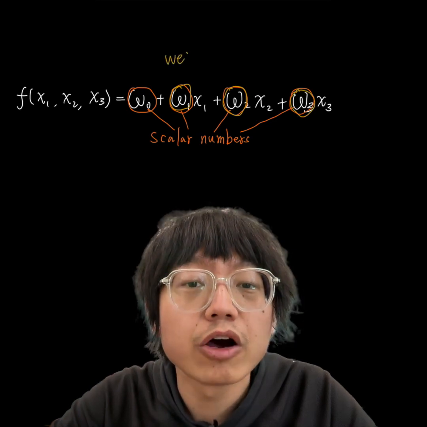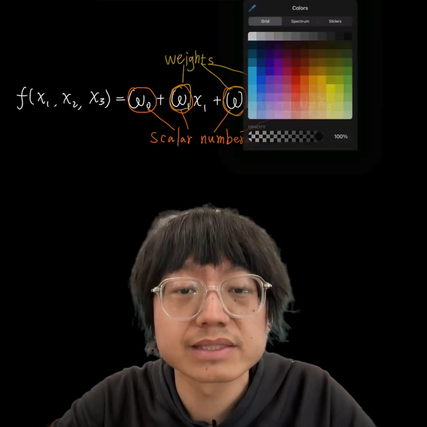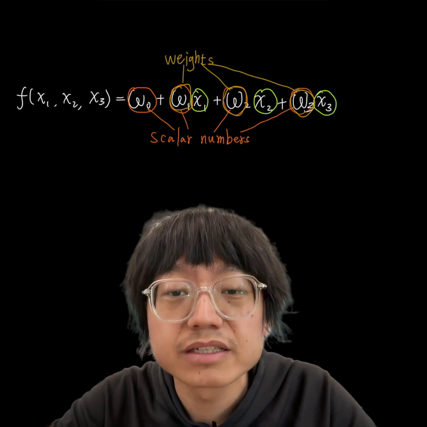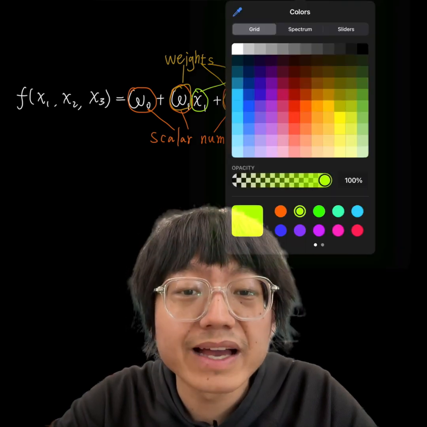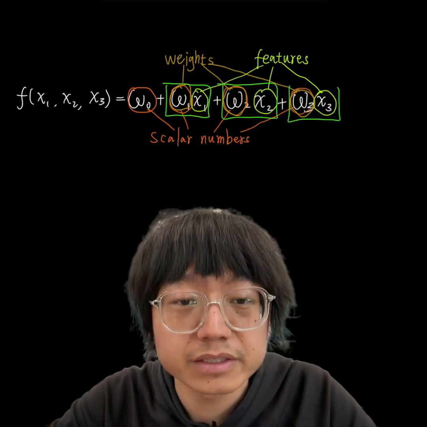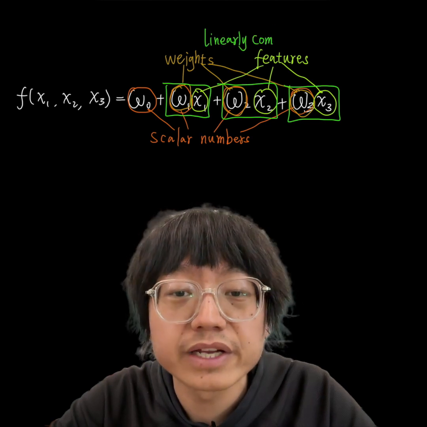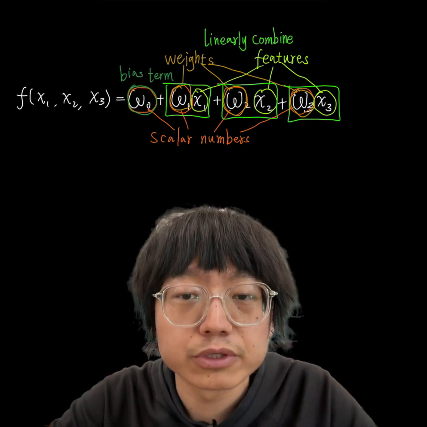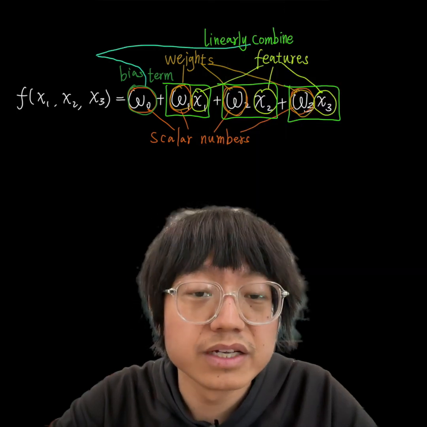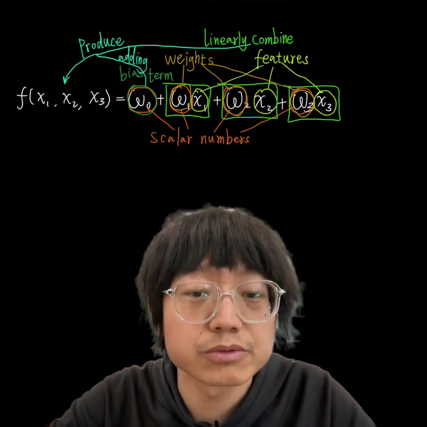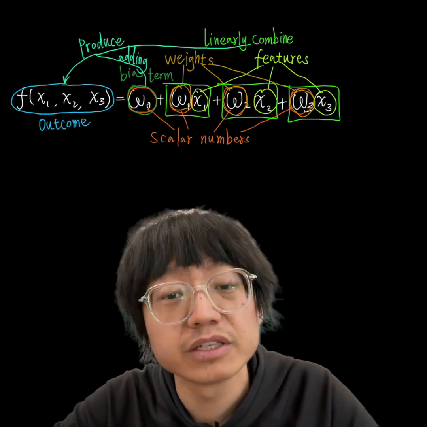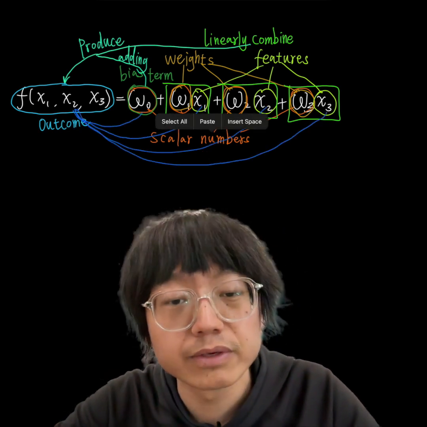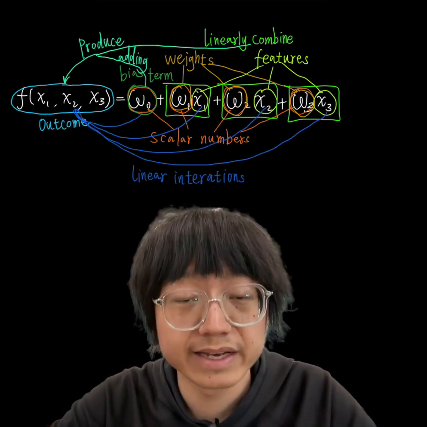The weights omega sub 1, omega sub 2, and omega sub 3 linearly combine the features, and then we add in the base term omega sub 0 so that we can produce the outcome of f of x sub 1, x sub 2, x sub 3. In other words, this outcome is produced as a result of linear interaction between the features x sub 1, x sub 2, and x sub 3, plus the bias.